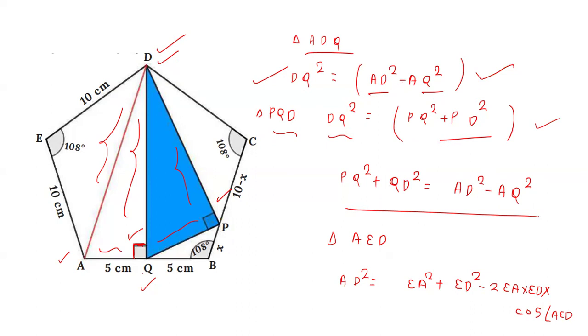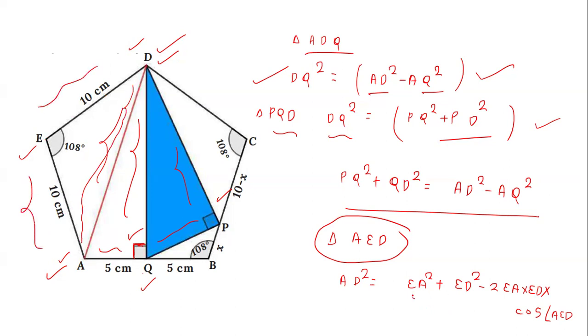Now look at the triangle AED, with A, E and D. You can write AD square by the cosine rule as AE square plus ED square minus 2 times EA, ED, and cos of the angle between them.